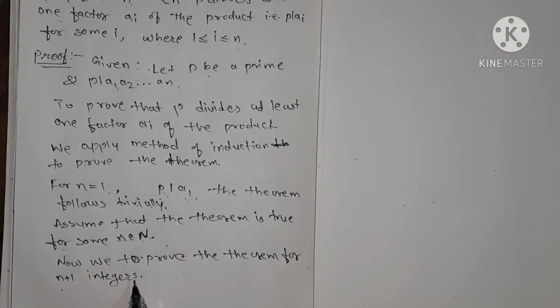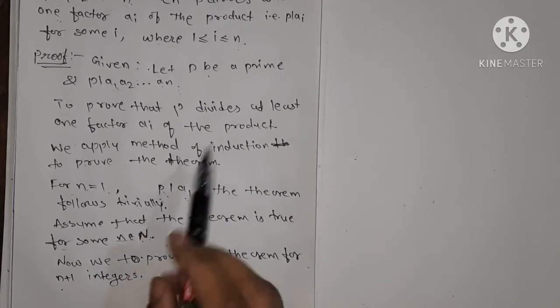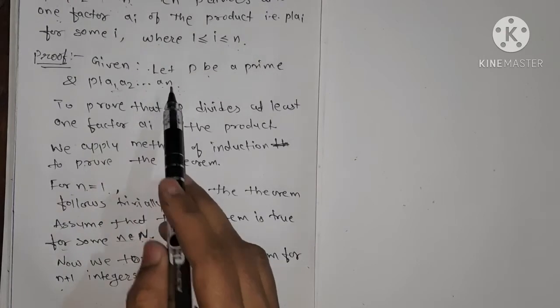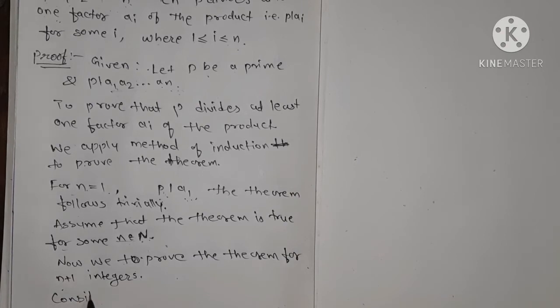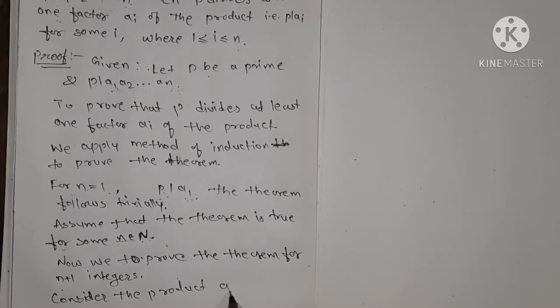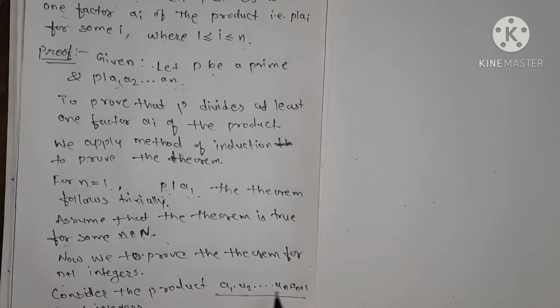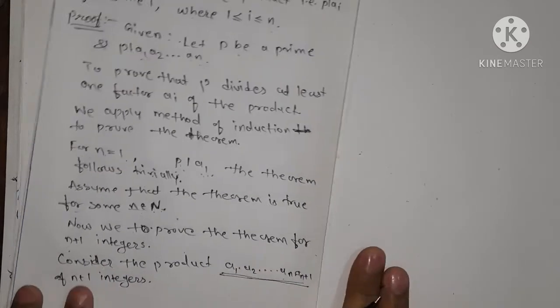Okay, as here the product is of n numbers, we have to consider the product of n plus 1 numbers. So we consider the product A1 A2 and so on up to An plus 1 of n plus 1 integers. And P divides this product of n plus 1 integers, because this is given.